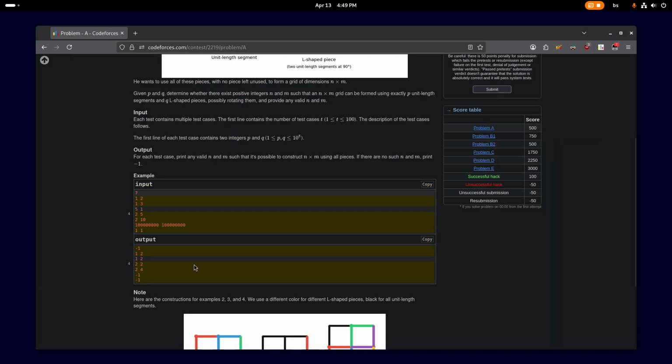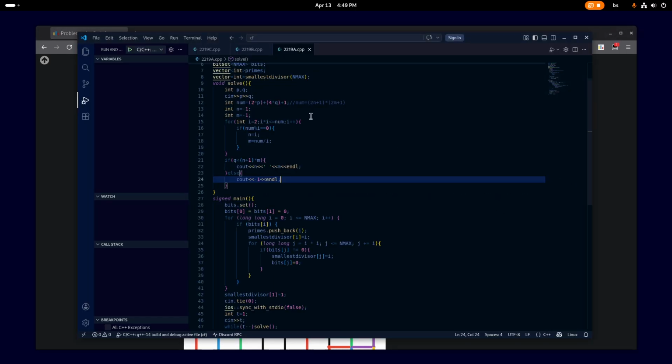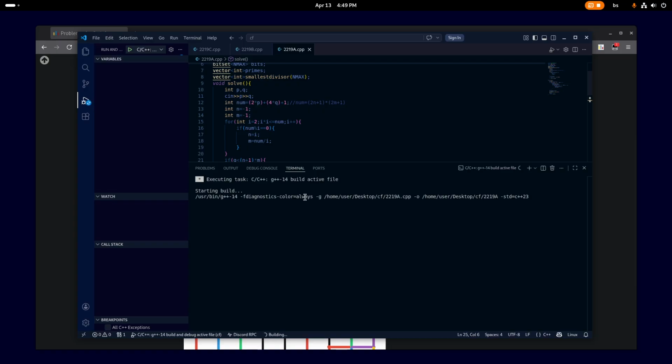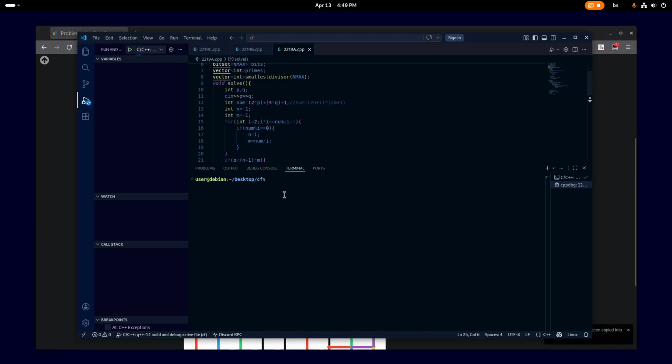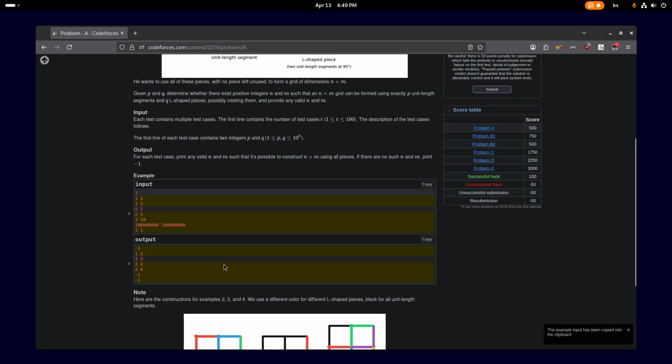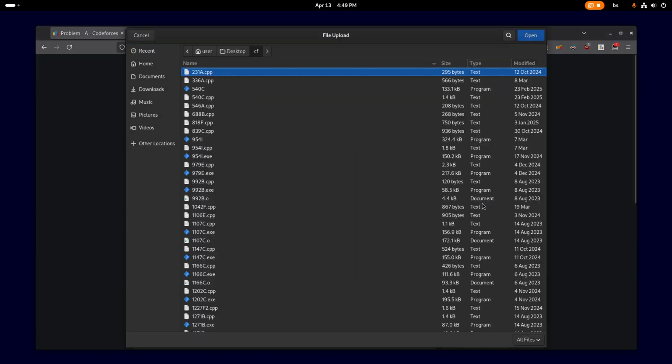We found 2n plus 1 and 2n plus 1, so probably just need to divide this by 2 and this by 2, and they're both odd, so the rounding will take care of the -1. So now if we test samples, this should be correct. Yeah, this seems okay.